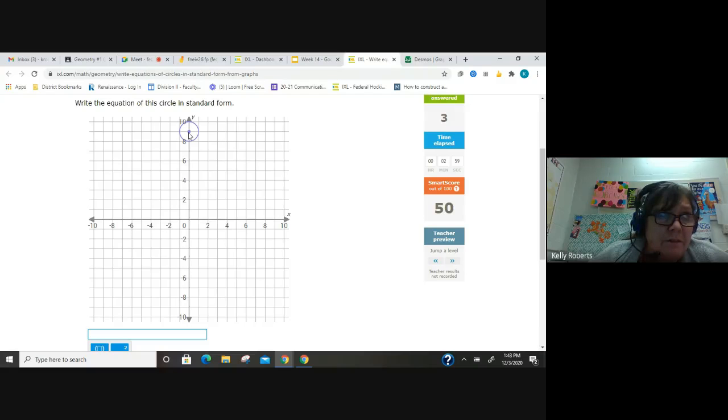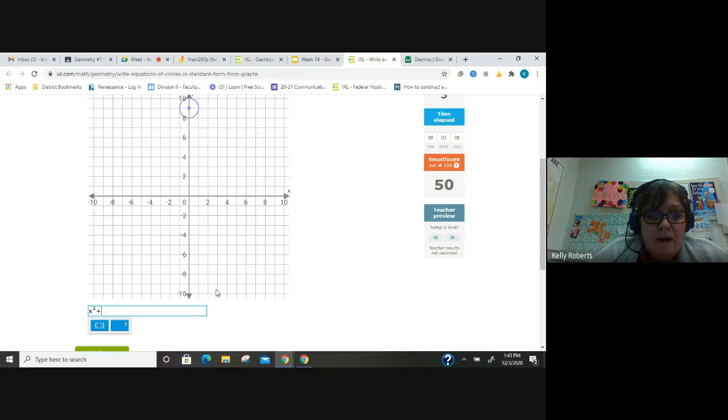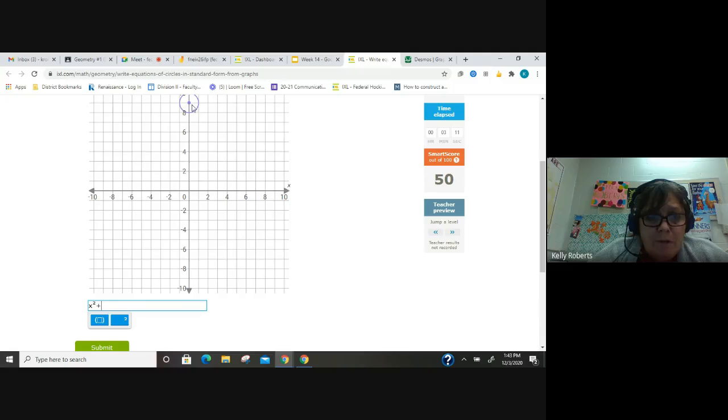Well, the x is still 0, so I have x minus 0, which is x squared, plus y minus y from the point, which is 9. Y minus 9 squared equals the radius, which is 1 squared, and 1 squared is just 1. So this is my equation for this circle.